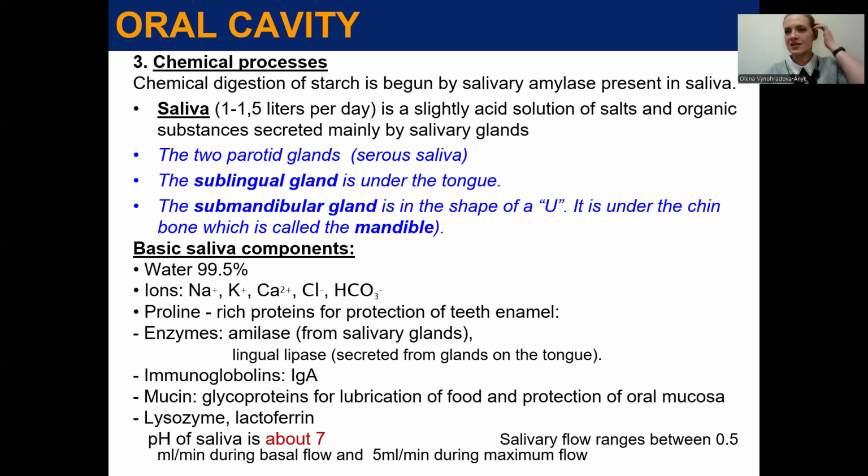Bacteria during their life cycle, when they're eating, break down everything we are eating too. And during their life cycle, they begin to release acid. And this acid, if we do not clean our teeth, will destroy our enamel and induce caries. Okay, great.